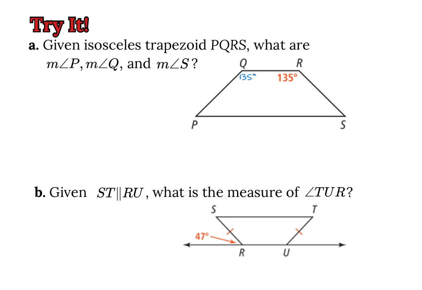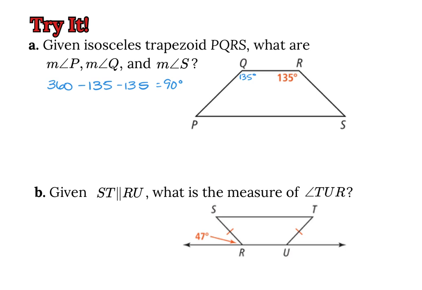Okay, I know because there are four sides, the interior angles would add up to 360 degrees. So I would take 360, subtract the 135 I know, the 135 I know. That would leave me with 90 degrees.